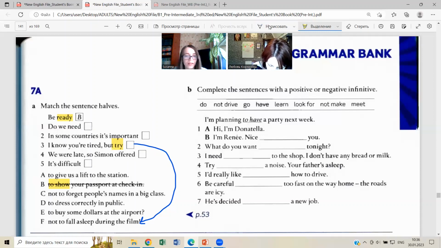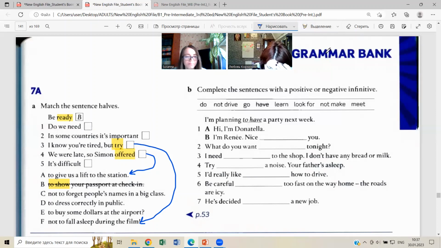Okay. We were late, so Simon offered to give us a lift to the station. Correct. What is the rule here? After the verb. Yes, after offer.